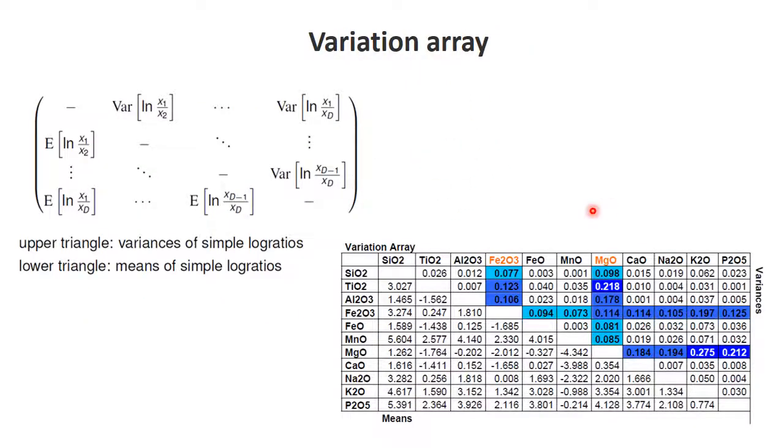In a variation array, we can look at it in various ways. Because it's symmetric, we can look at the variance of log ratios, and in the lower triangle we can typically plot the mean of the log ratio. Then you would get a plot, and we can color it by high variances. For example, we notice there's high variance in the log ratio between iron oxide and silica, and so on.